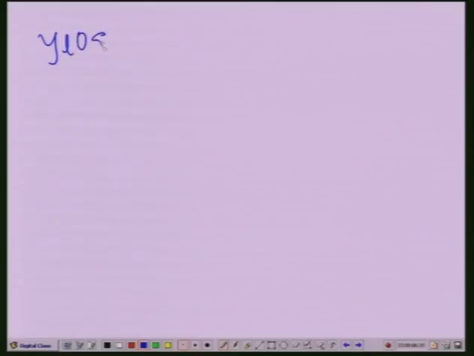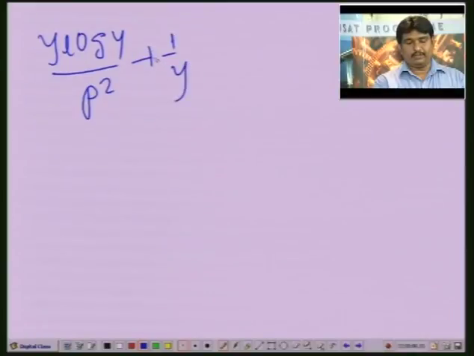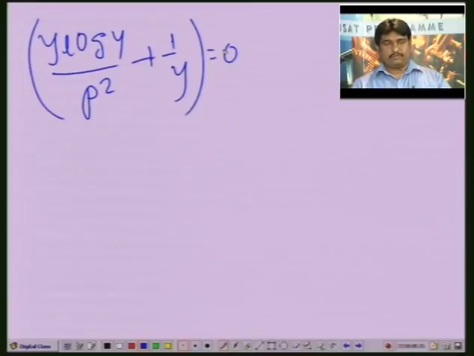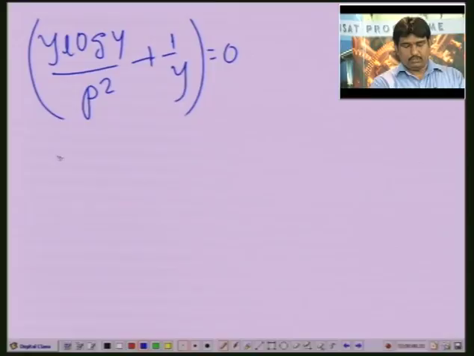Method 2 to get the singular solution is through the other factor. As you have seen, the other factor was y log y divided by p square plus 1 by y equated to 0. It's a factor free from derivatives. Now simplify this.